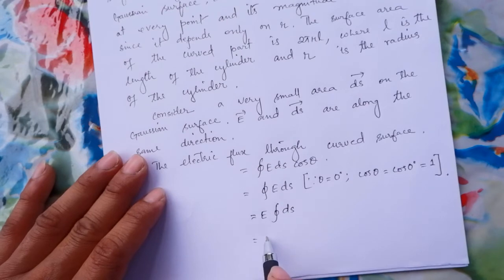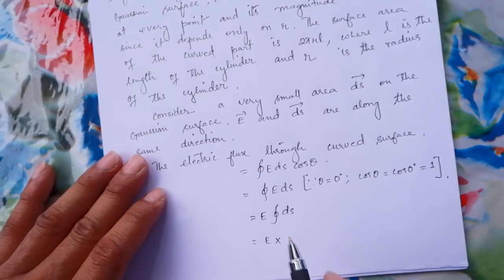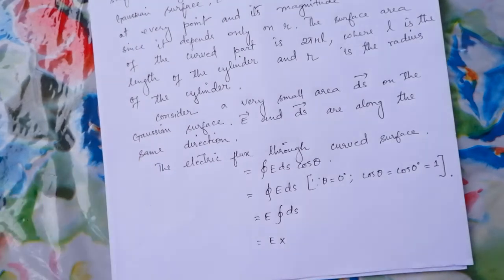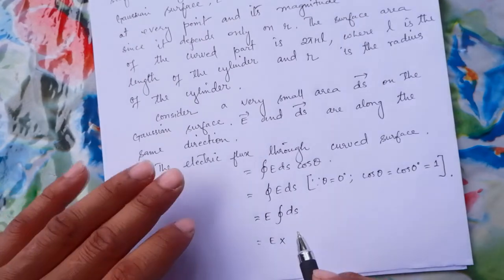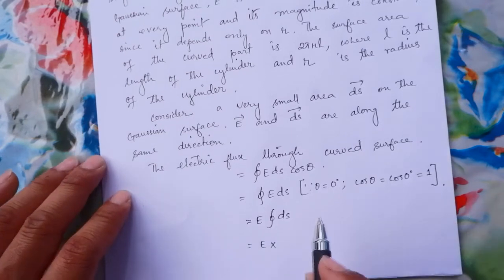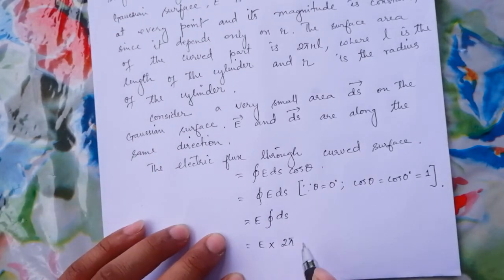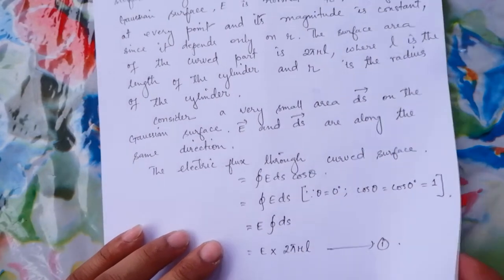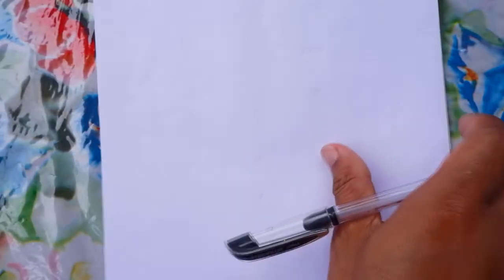The integral of dS, adding all the small area elements, gives the total area of the curved surface, which is 2 pi r L. Name this as equation number 1: E into 2 pi r L.